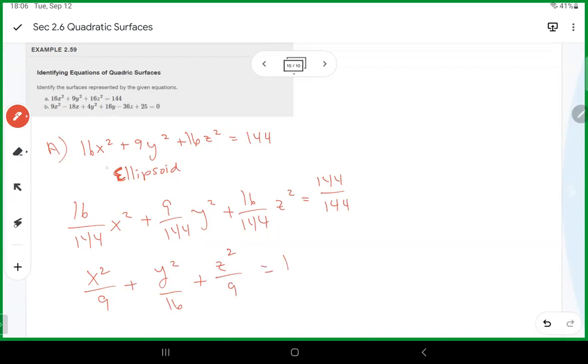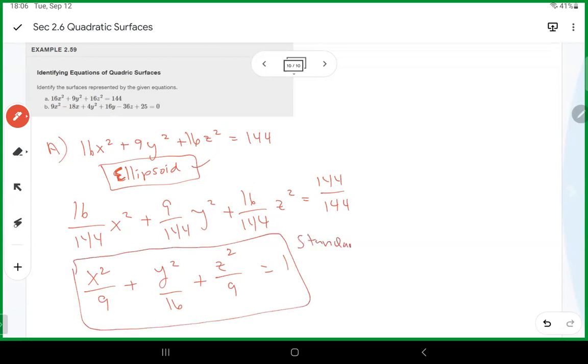Okay, so your base answer is that, but then additionally standard form, which would be a good way to verify to yourself that you identified it correctly.